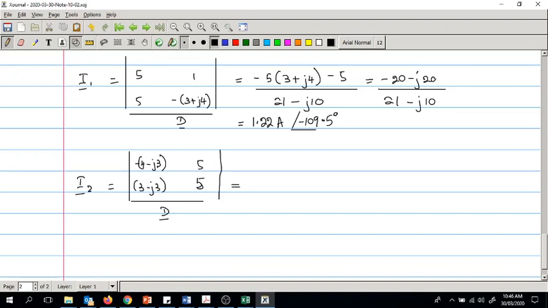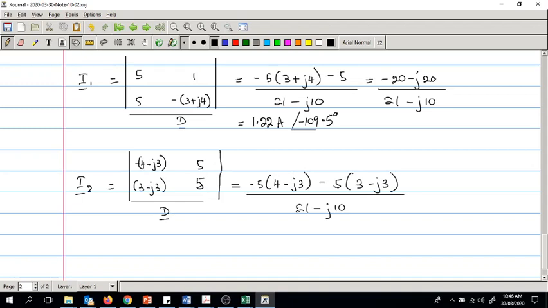So this is minus 5 into 4 minus j3 minus 5 into 3 minus j3, divided by 21 minus j10.